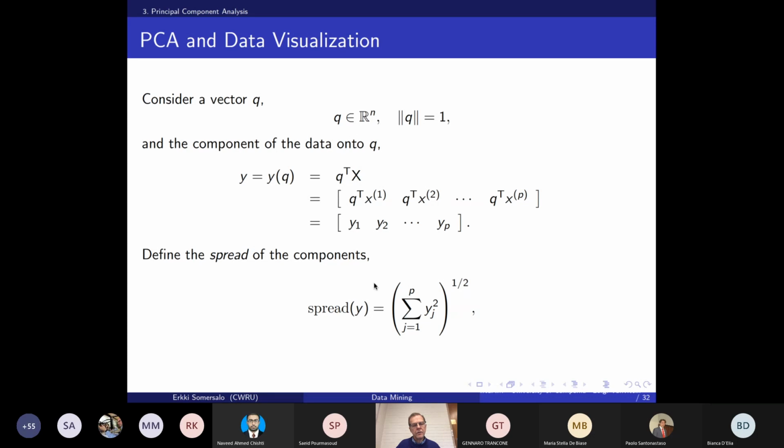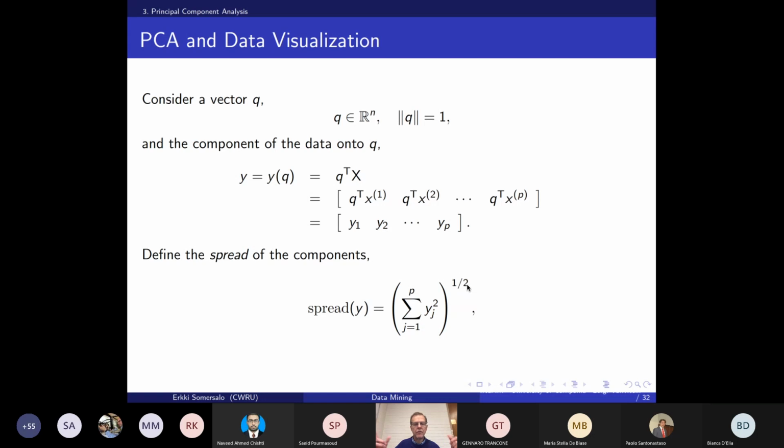Now I should find a way to measure the spread, so how widely spread the components of my data are in this direction. I'm defining the spread as the norm of my vector y. So I'm taking the sum of squares of these yj's from 1 to p, where p is the number of my data points, and then the square root of that.